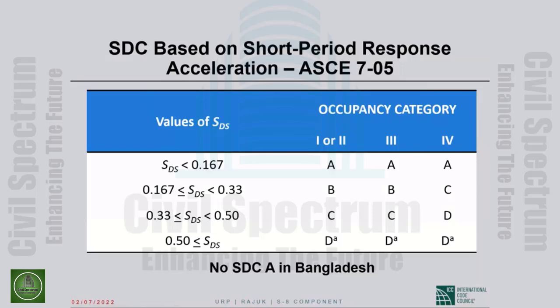The seismic design category is a function of three things. The table gives you design categories A through D. I tell you that there is no design category A in Bangladesh because for design category A, S sub DS has to be less than 0.167, and you do not have values that low anywhere in the country.